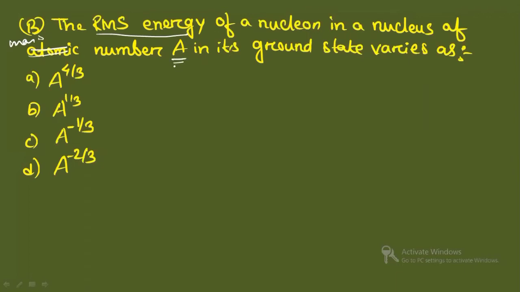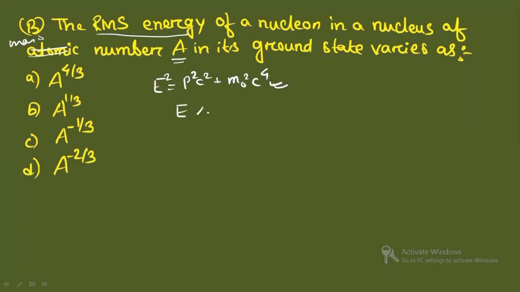For this, we know from the energy momentum relation, which says that E square is equal to P square C square plus M naught square C to the power 4. We are familiar with this formula. Now you see here the energy is proportional to what?